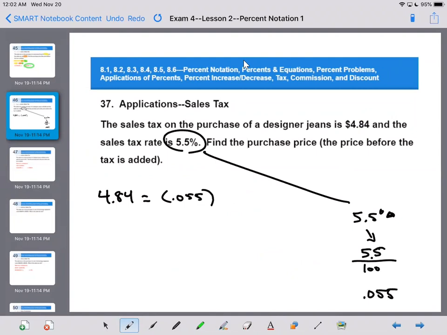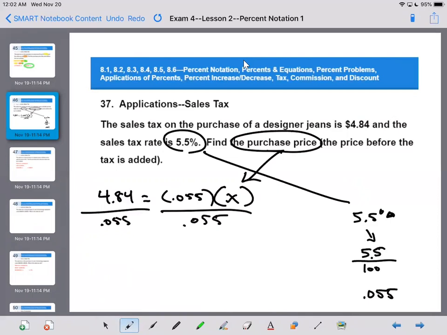So that is your sales tax rate. We're just trying to figure out the final purchase price before the tax was added. So we would divide both sides by 55 thousandths. X is equal to, so you would type in $4.84, that is your sales tax, divided by 55 thousandths, and you're going to get $88.